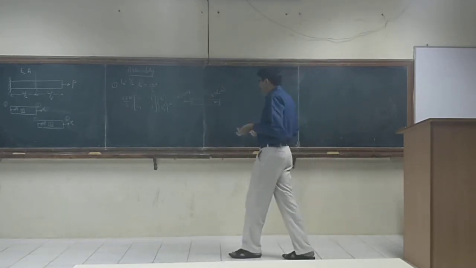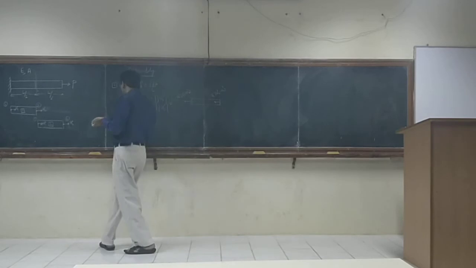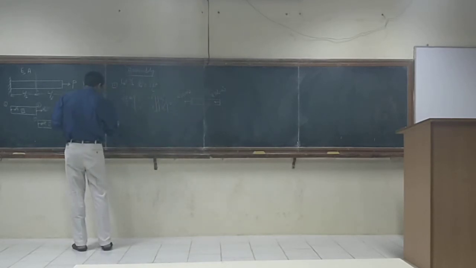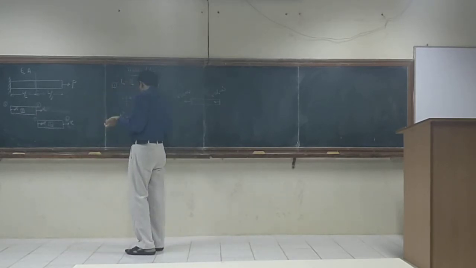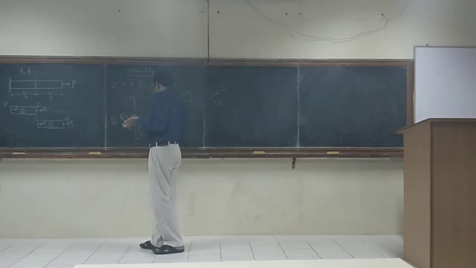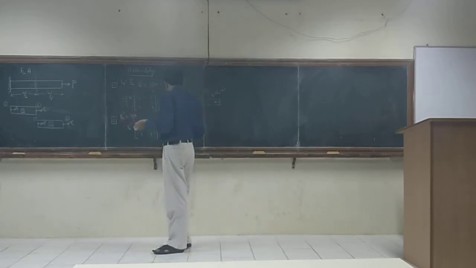And if you take element number 2, again KE of 2 also will be 2EA by L. That will be KE of 2 times the matrix 1, minus 1, minus 1, 1, multiplied with U1 of 2 and U2 of 2.